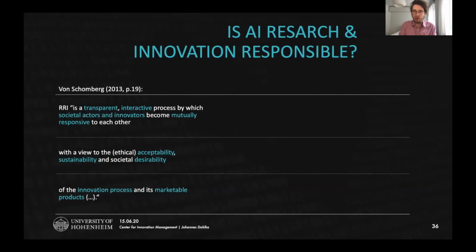And therefore we go back to the definition of von Schomburg of responsible research and innovation. And again, I will try to highlight some positive and some negative impacts here, okay? So we start with the statement of RRI being a transparent, interactive process by which societal actors and innovators become mutually responsive to each other, okay?